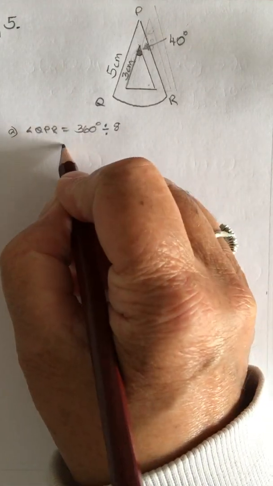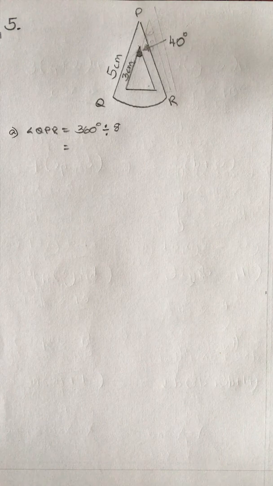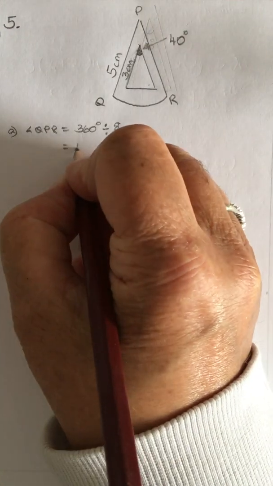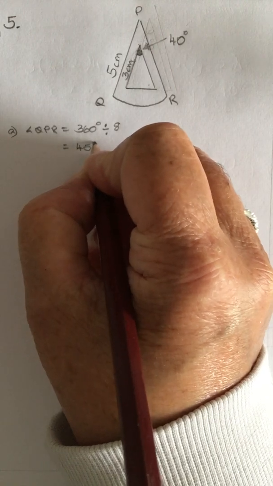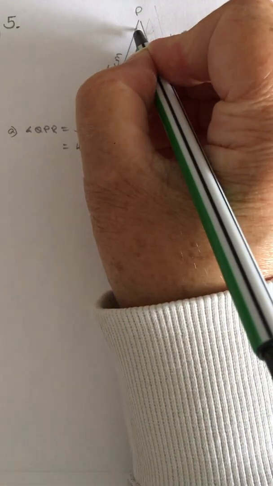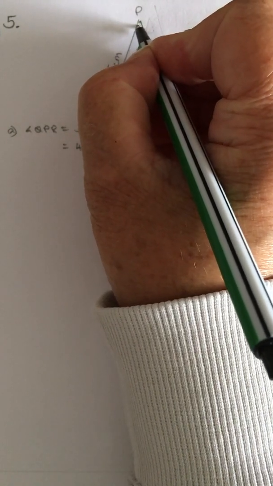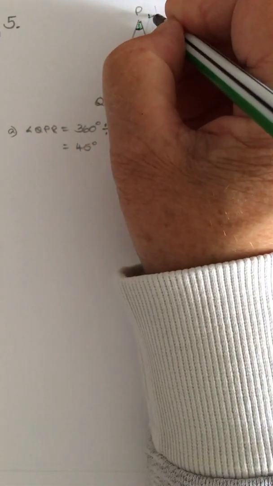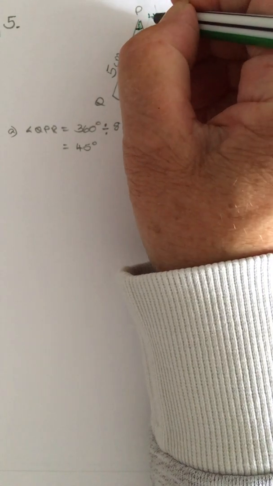So the answer to that, 360 divided by 8, is 45 degrees. Okay, so this angle here is 45 degrees.